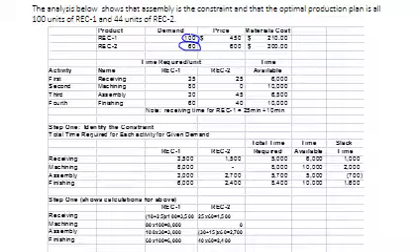The materials cost, so material A for REC1 was $60. Material B was $150, giving us a total of $210. And for REC2, material B was $150, material C was $150, giving us the $300. So that's our basic information on the materials cost.